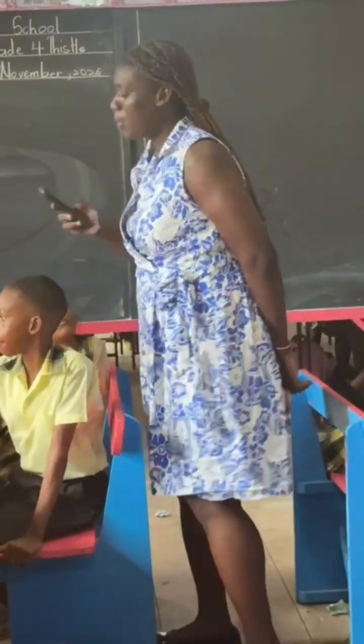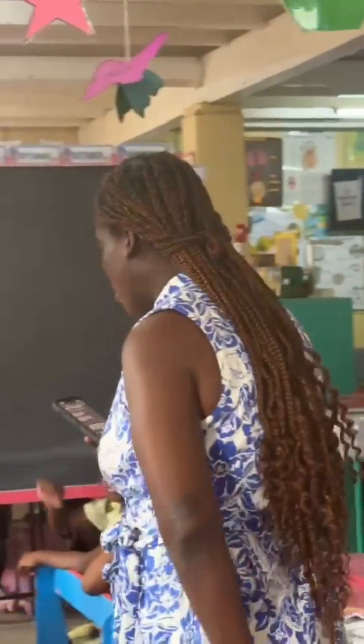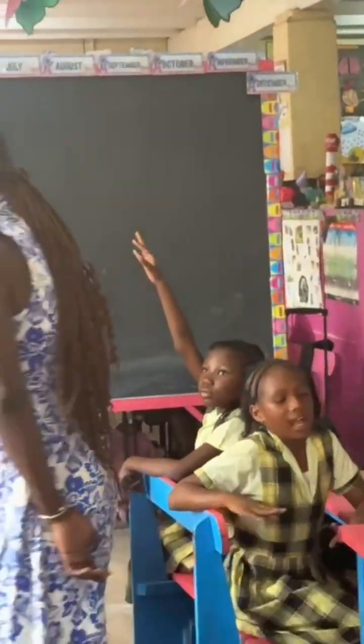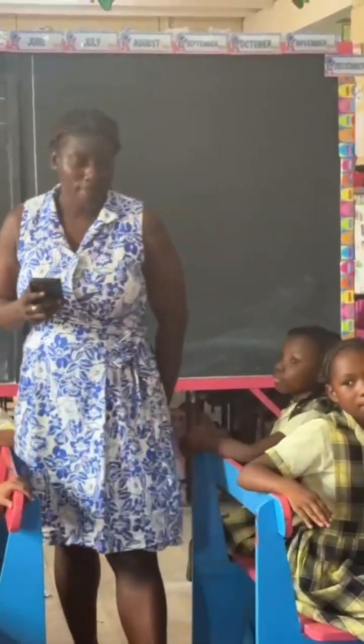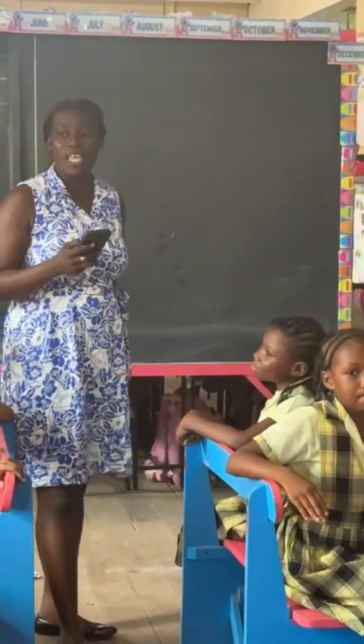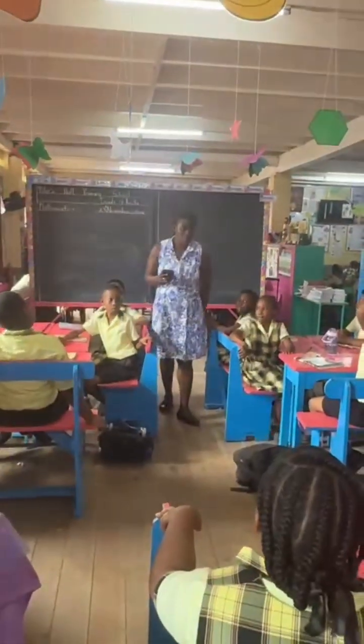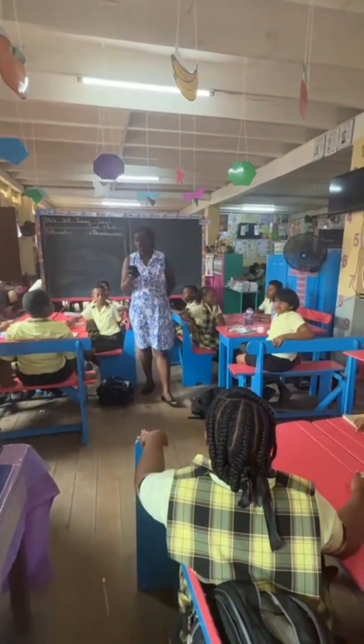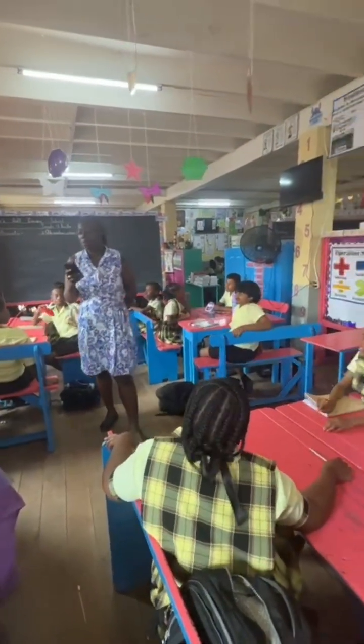Alright. Picture stands for numbers 2. Yes, they do. Pictures tell us what to do. Yes, they do. If one smiley means 2, count them all and add them up. Picture stands for numbers 2. Yes, they do. And you guys can help me sing it too. When I say picture stands for numbers 2, you can say yes, they do. You want us to try it like that? Yes. Alright. Picture stands for numbers 2. Yes, they do. Pictures tell us what to do. Yes, they do. Count them all and add them up.